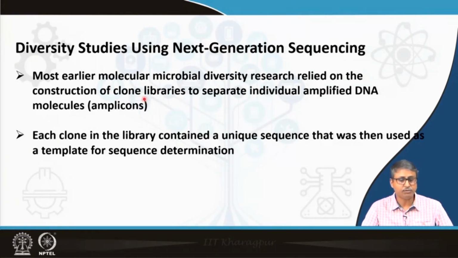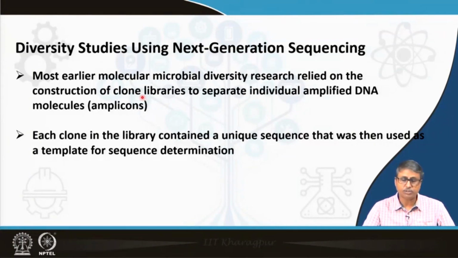But we will discuss today what the drawbacks or limitations of these clone library based methods, or even DGGE-like methods, are, which we cannot possibly overcome. So, ideally we should have methods relying on next generation sequencing.